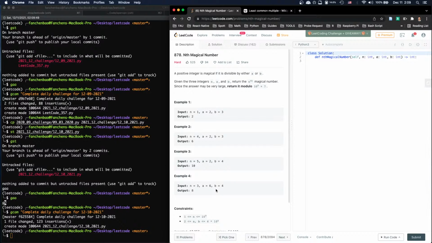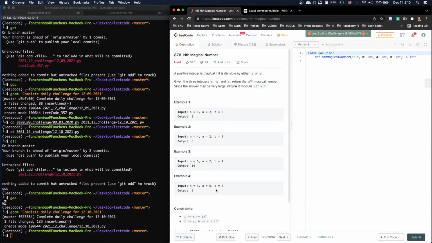So we start by trying an example. Left is 1, right is 3. The first value we try is 12. So we set A is 4, B is 6, LCM is 12, right?